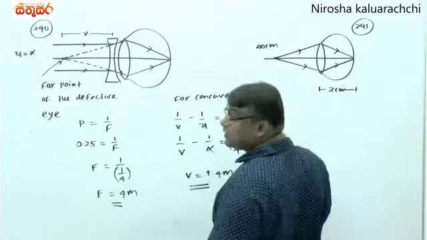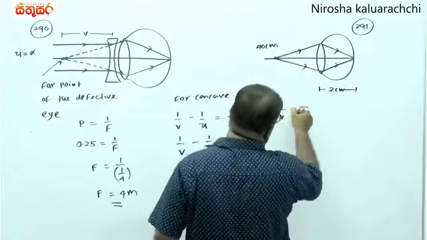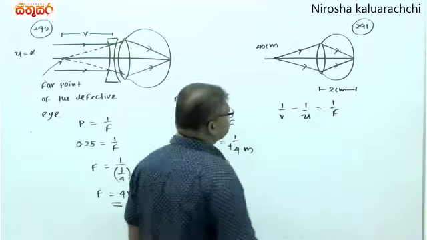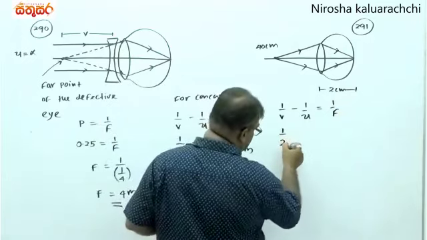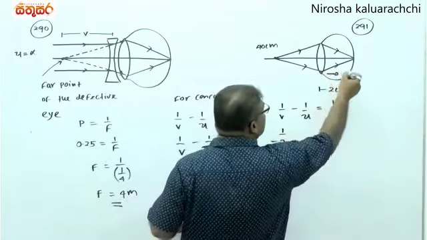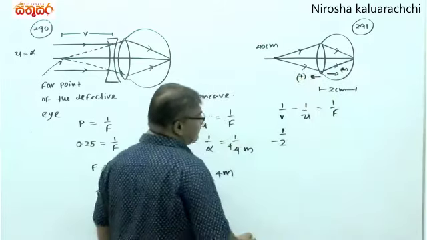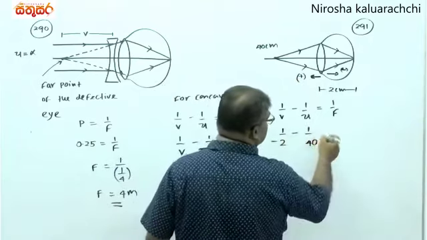This is 40 centimeter. So you can say 1 over V minus 1 over U equal 1 over F. 1 over V, 2 centimeter. Sign convention towards this side minus, backward plus, right? Okay. It's minus 1 over U. U is 40 centimeter.